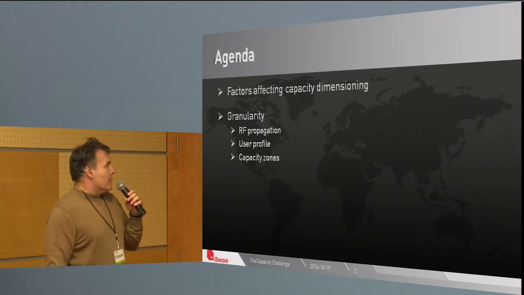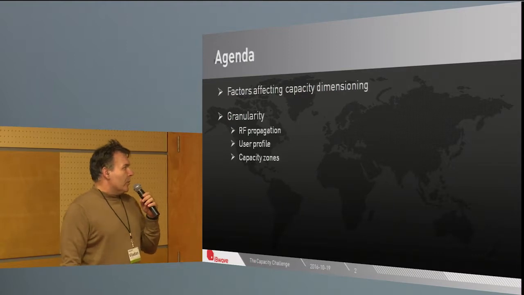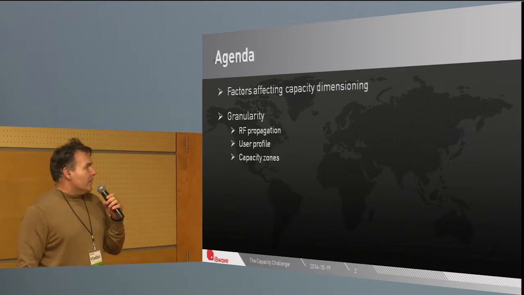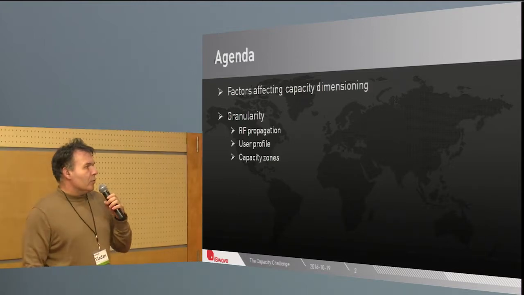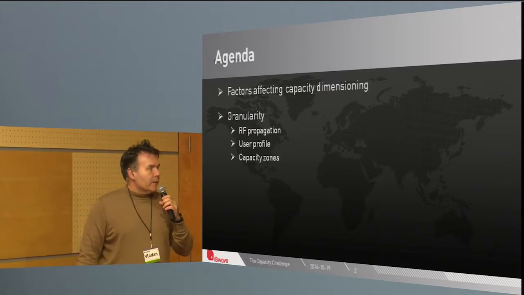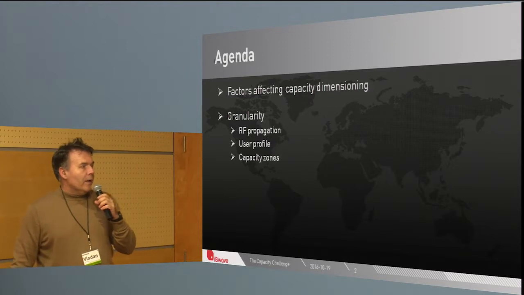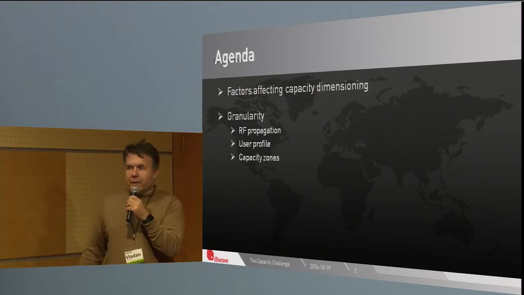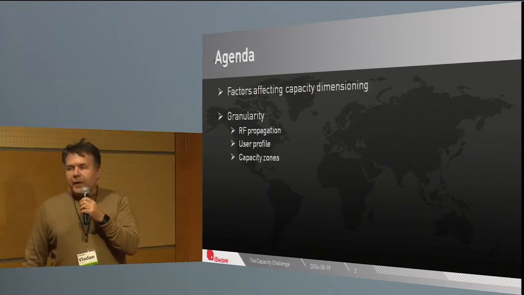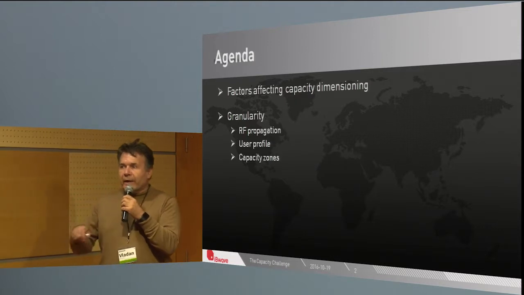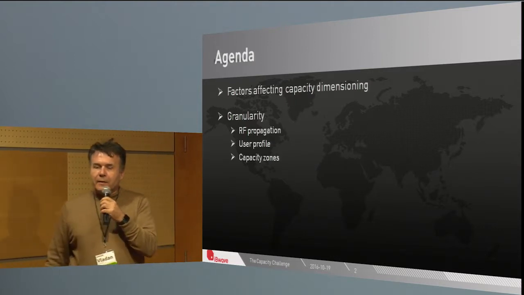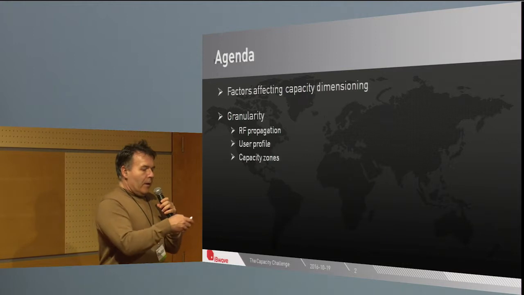I'll talk about granularity of a user profile for capacity calculation, and capacity zones, and how important it is to identify areas on your floor plan where users may congregate during certain parts of the day, like we are doing right now in this area.